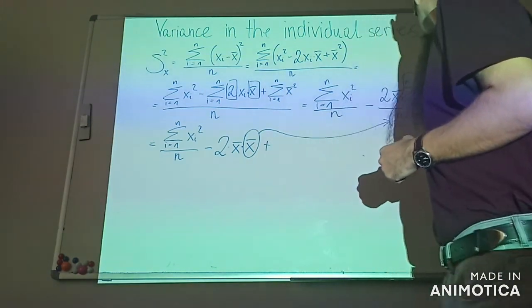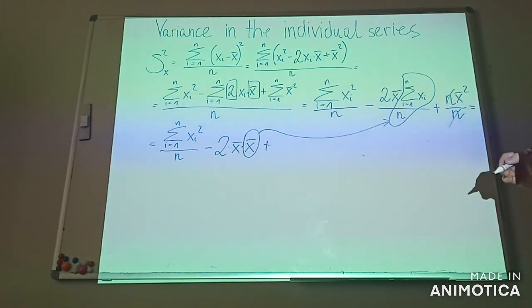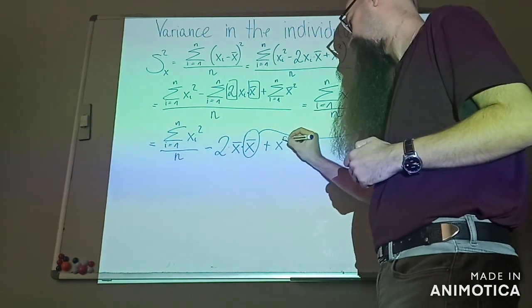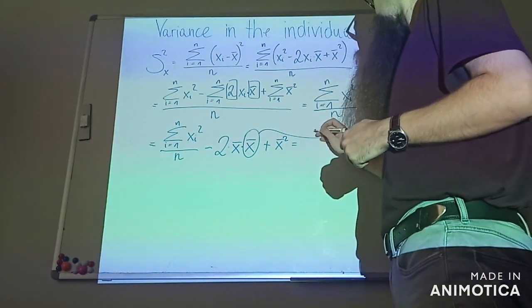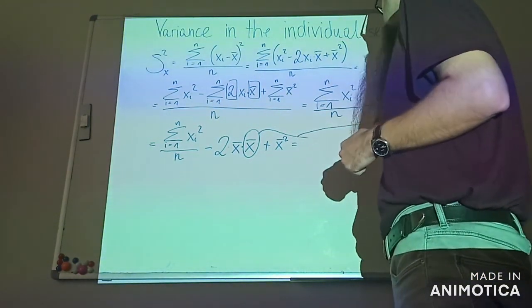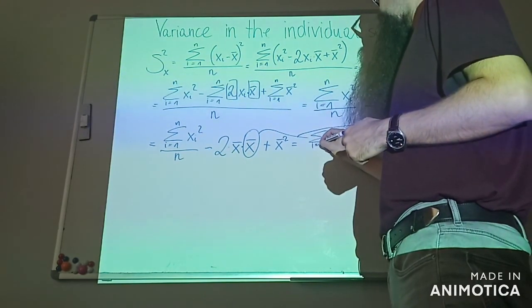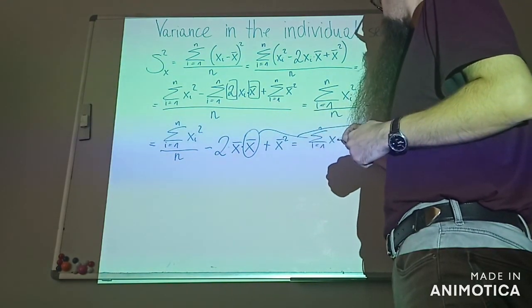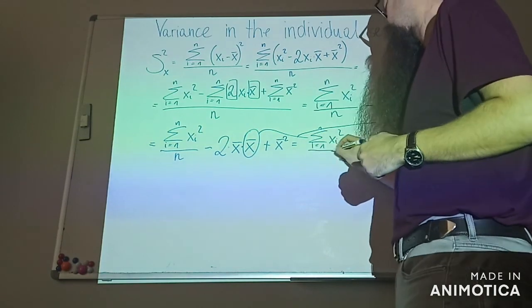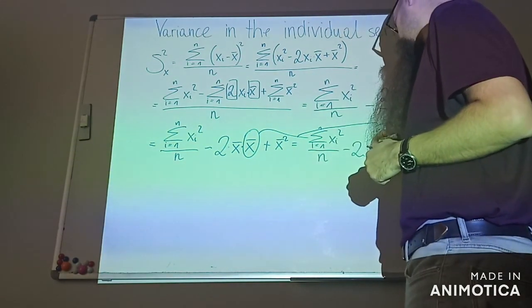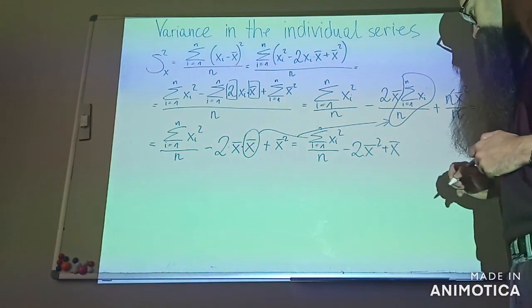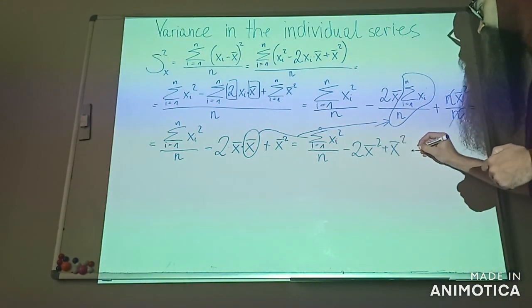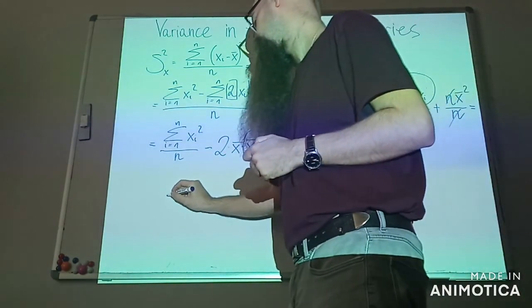Plus simply x mean squared. So we have here the sum from i equal 1 up to n of xi squared divided by n minus 2 x mean squared plus x mean squared, and finally this is the end of the proof.